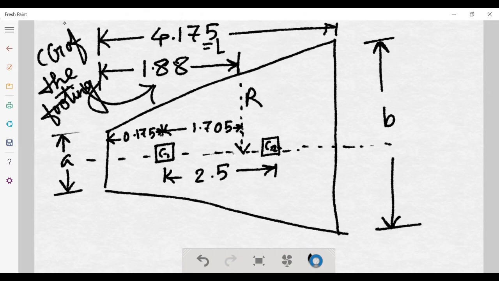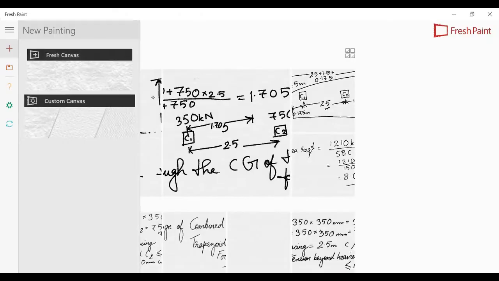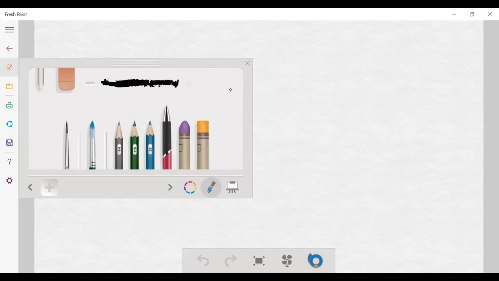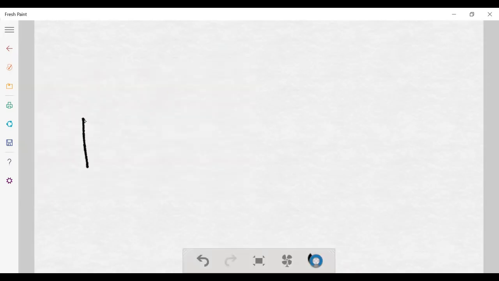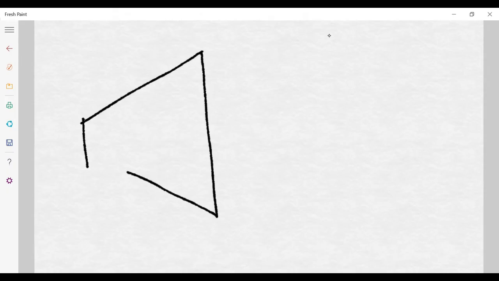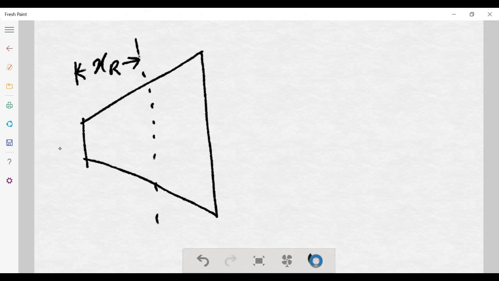How do we know the resultant? Suppose 1.88 is XR for the trapezoidal footing, the location of the resultant at the CG.